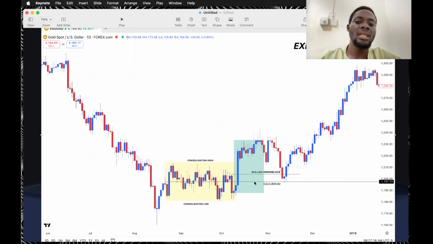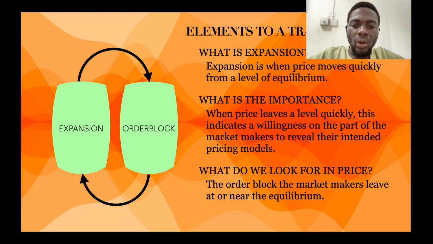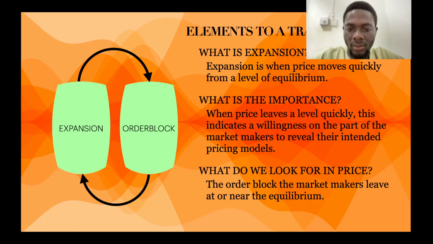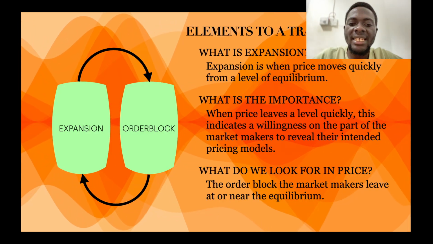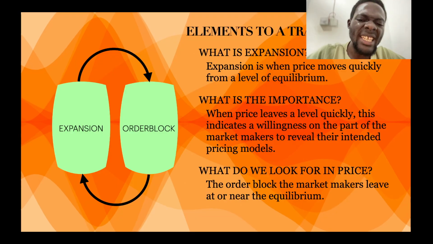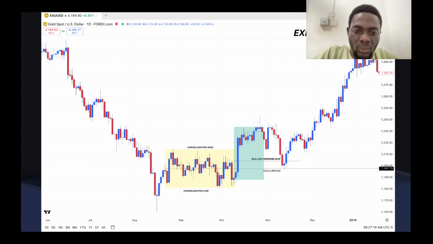You understand? And then I said earlier, let me go back. The order block, what we look for in price, we look for the order block the market leaves at or near the equilibrium. Now look at this. Which level do you see the order block form?